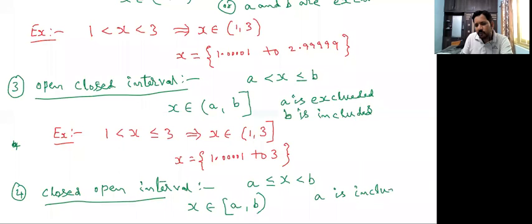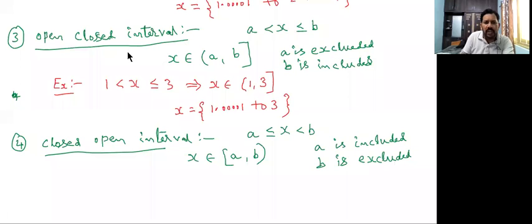Whenever there is a square bracket, that number is included. If there is an open bracket, it is excluded. Students, have you understood? Now I will give an example: 1 less than or equal to x less than 3.